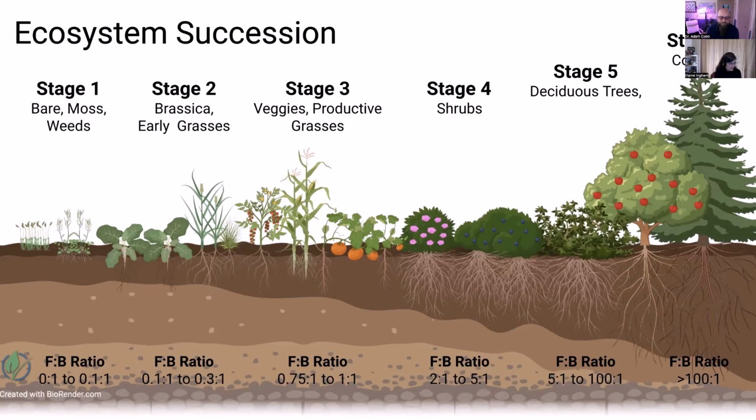And so they tend to be bare because there's no nutrient cycling present at those early stages in succession. There's no organic matter in the soil. There's no inoculum, perhaps even, of the microorganisms needed by the plants. And so I would really call that stage zero.